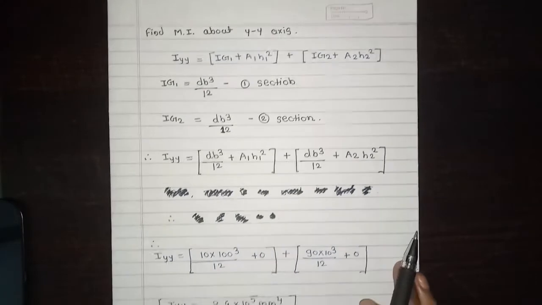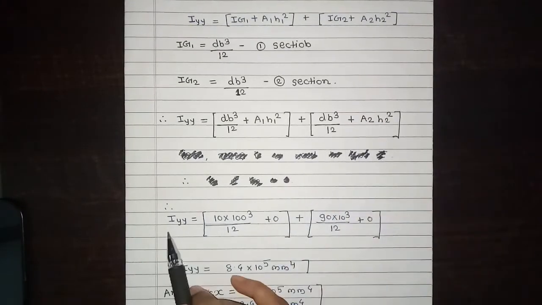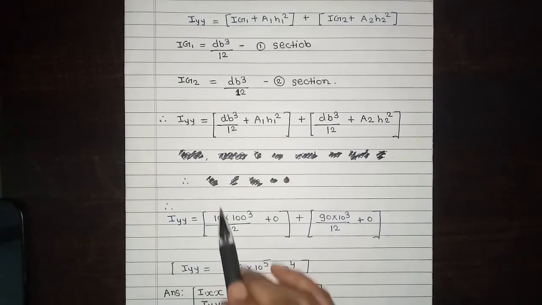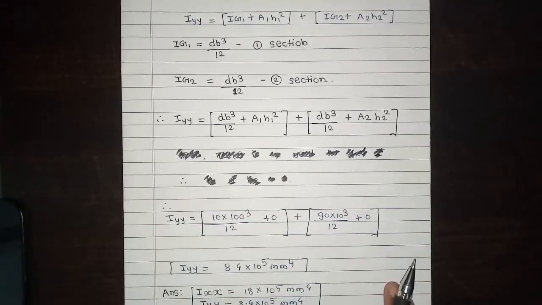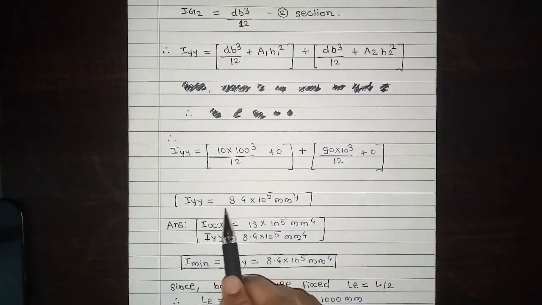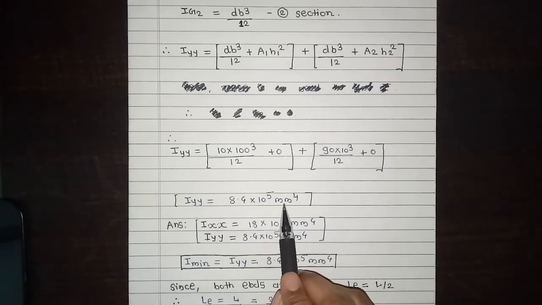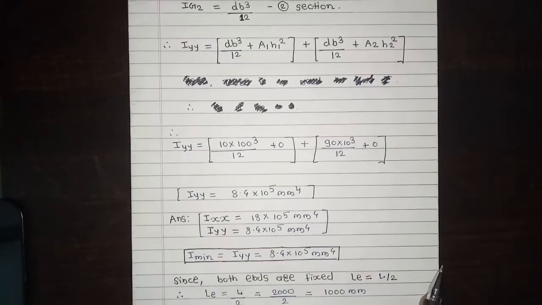So this is the formula. Then H1 and H2 are 0. Put the value of these factors, then Iyy is equal to 8.4 into 10 to the power 5 mm raised to 4, okay.